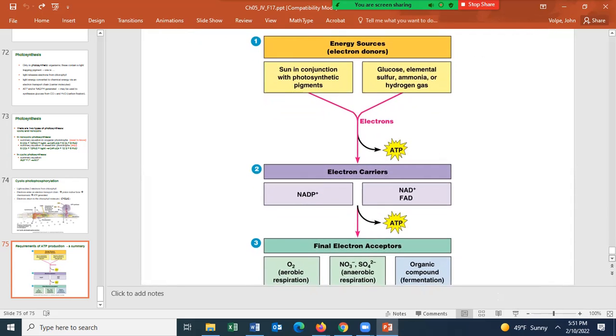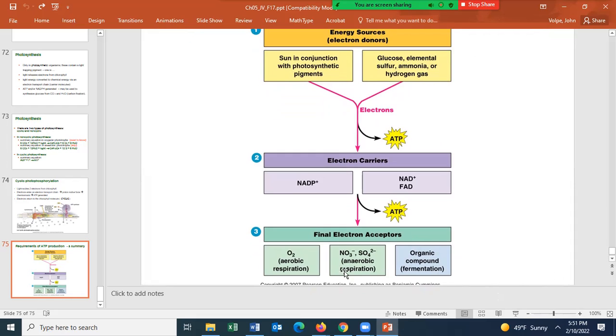In aerobic respiration, the final electron acceptor is oxygen. In anaerobic respiration, the final electron acceptor is a molecule other than oxygen. In fermentation, it's an organic compound that accepts the electrons.